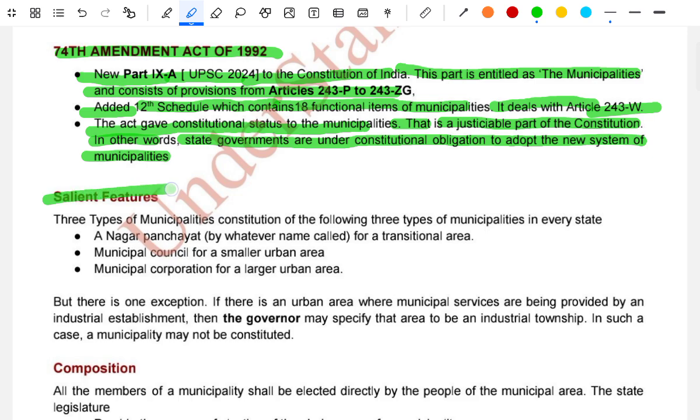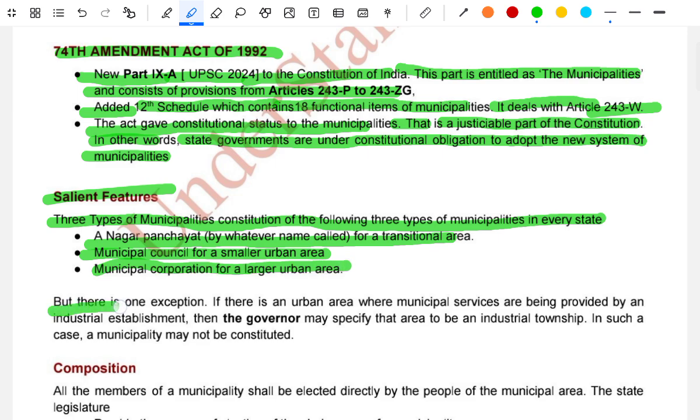The salient features. The Act provides for the following three types of municipalities in every state: the Nagar Panchayat, by whatever name called, for a transitional area; the municipal council for a smaller urban area; and the municipal corporation for a larger urban area.